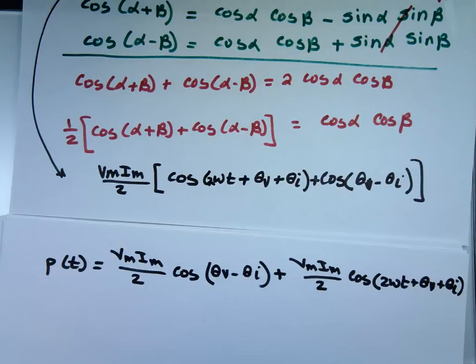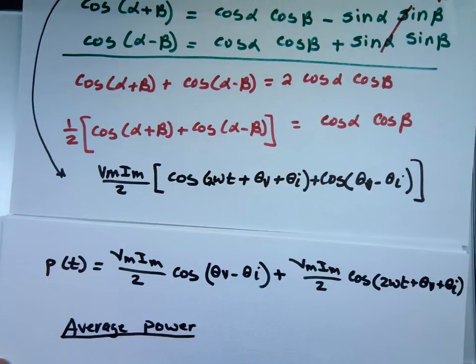Why am I interested in that? I'm not really interested in this equation now. I'm interested in the average power. The average power is defined, P average, I can write AVG so you know it's average.